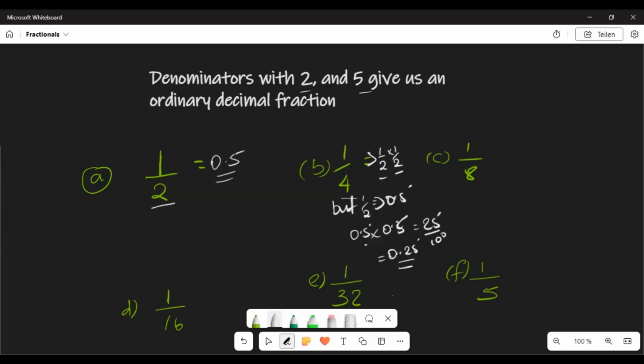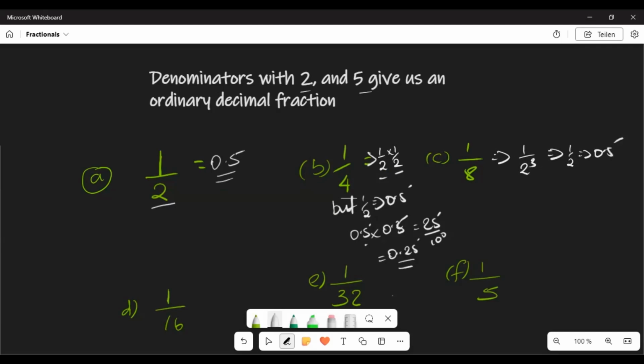When you see 1/8, this is equivalent to 1/2 to the power 3. We know that a half is equivalent to 0.5.